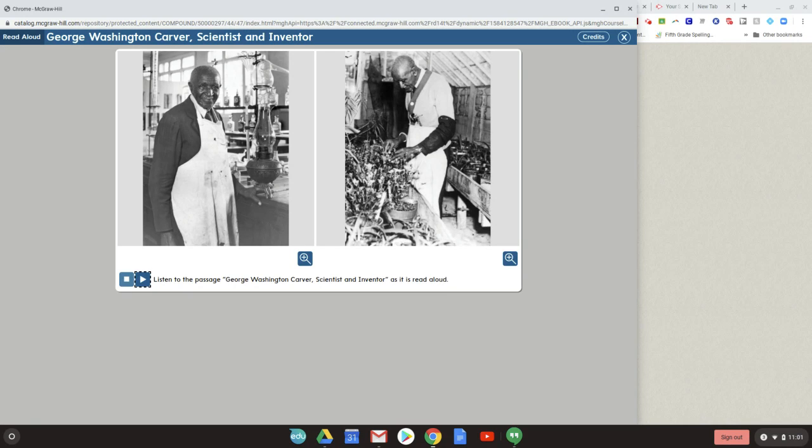Great. So, the problem was that the soil was being ruined by all the cotton, and he had to come up with a solution for people to use sweet potatoes and peanuts. So he found a solution for that. And I want you to think about what that solution was.